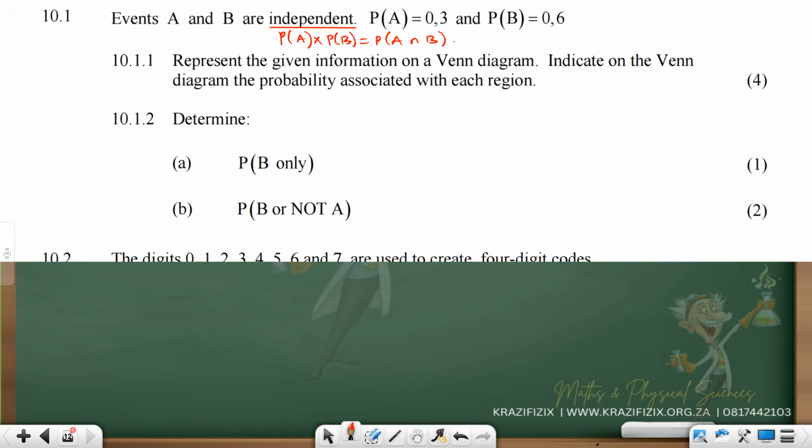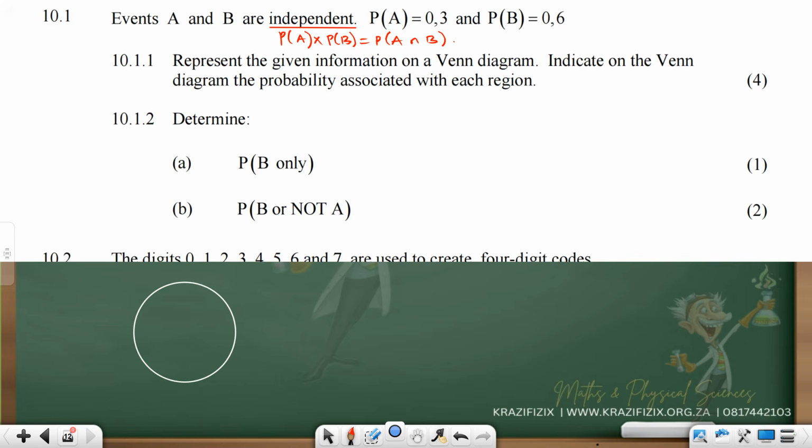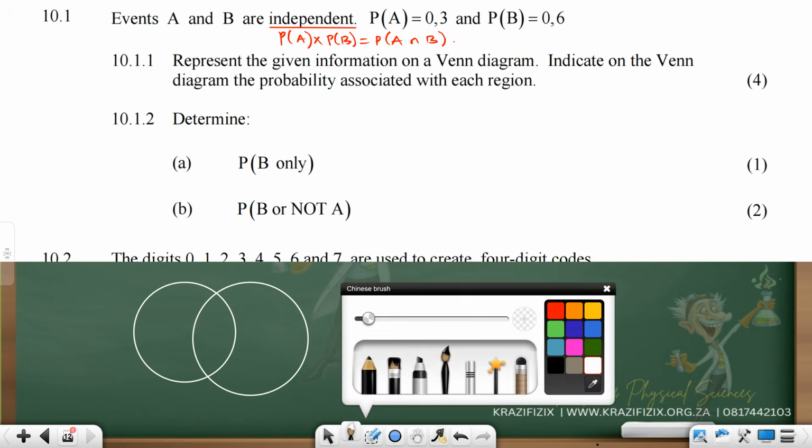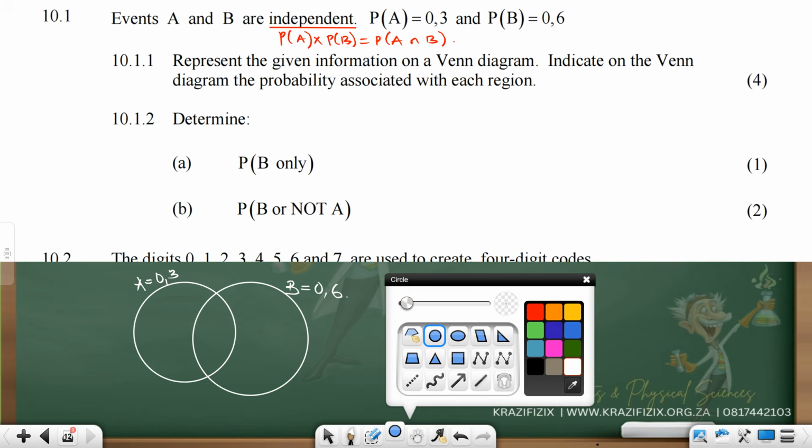Okay, were you able to draw? Independent events. I have A. The whole of A is what the examiner meant by 0,3. And the whole of B is 0,6.